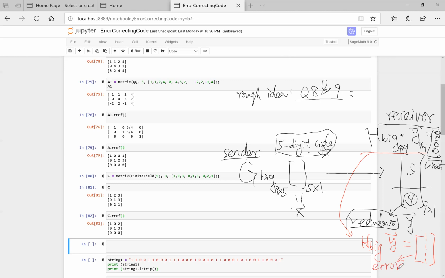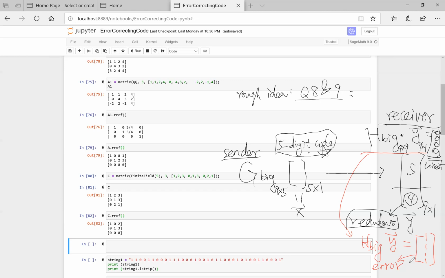So firstly, we are able to detect whether there is an error or not. Then in problem 11, we are going to find a way to detect where the error is and how to correct it. So problems 8 and 9 are about the encoding and decoding process together with the error detecting process.